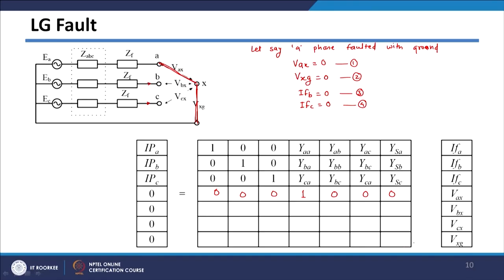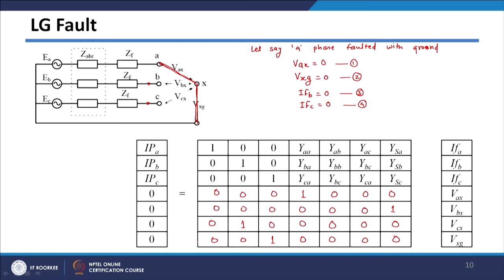Then another equation is VXG is equal to 0. So 1 will come here, all other elements are 0. And then the third equation says IFB is equal to 0. So IFB means 1 will come here, others will be 0. And the fourth equation says IFC is equal to 0. So 1 will come here and other elements will be 0.